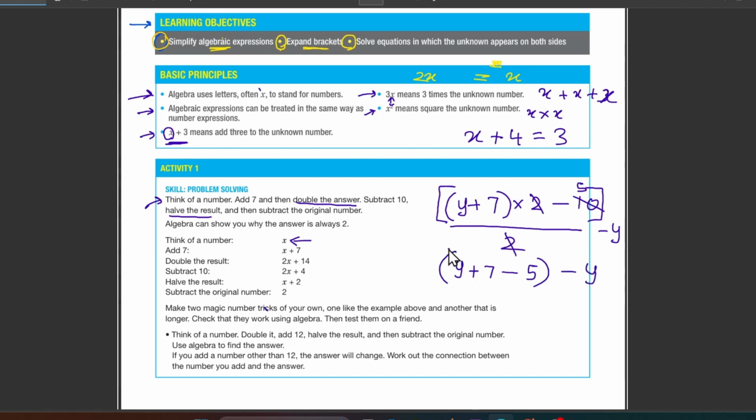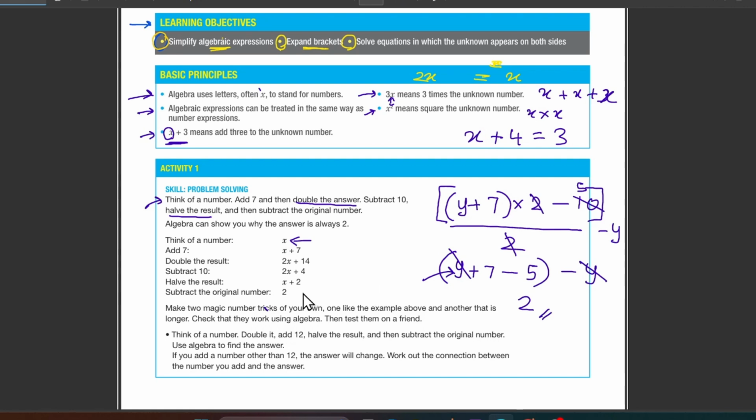So you see, these two are cancelling out, and we are left with 2. So without even knowing the value of y, we can say that the answer is 2 because the y's are cancelling out.